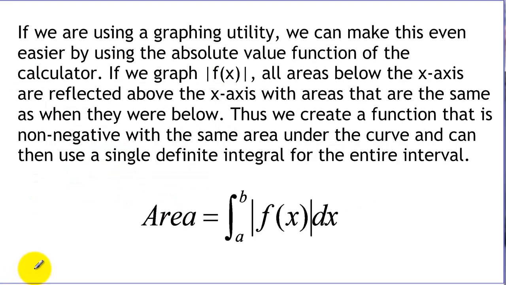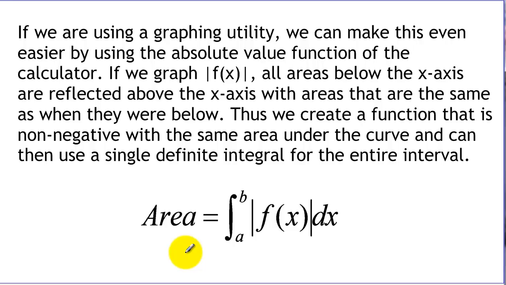Now, if we are using a graphing utility to find our areas, we can make this even easier by the fact that if we take the absolute value of a function in the graphing calculator and graph it, it will reflect the areas that are below the x-axis and flip them over to be above the x-axis.